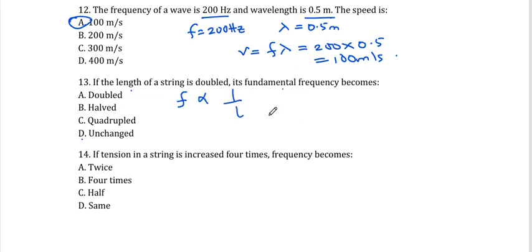Inversely proportional means that if the length is doubled, fundamental frequency will be halved. If the length is tripled, fundamental frequency will reduce by 1/3. If the length is quadrupled, fundamental frequency will be reduced by 1/4, and so on and so forth. So because it is inversely related, the answer to this question is that it is going to be halved.